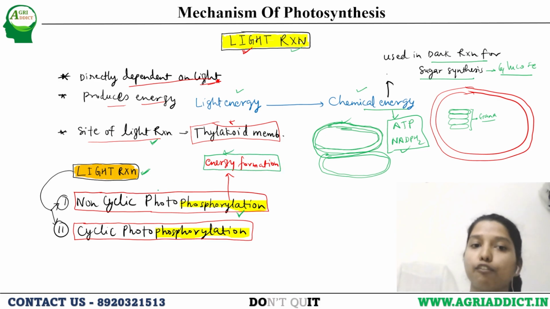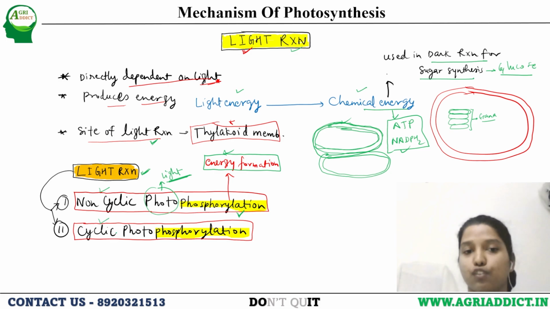Photophosphorylation means formation or synthesis of energy in the presence of light. Why we call one non-cyclic and another cyclic, we'll understand in the coming slides.